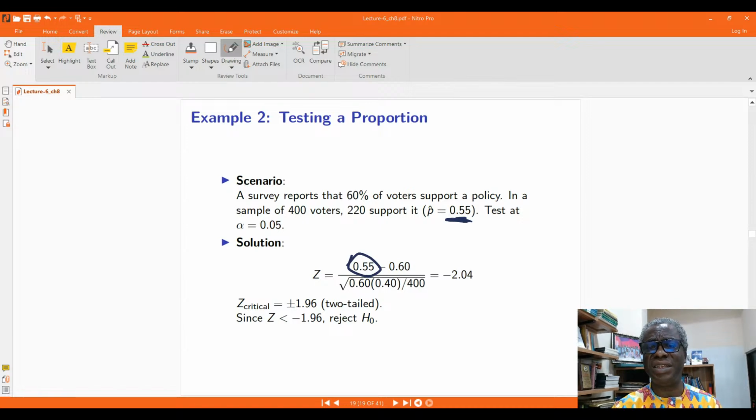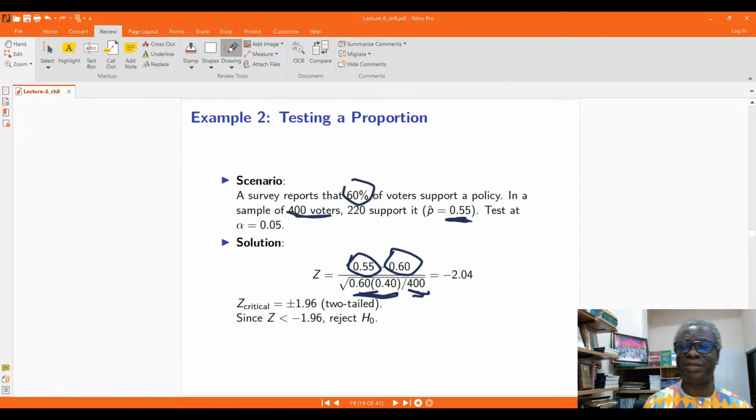And this is the claim, that is 0.6, the claim in the survey report. And this is P naught. This is the 1 minus P naught. And this is the sample size, which is 400 voters selected.